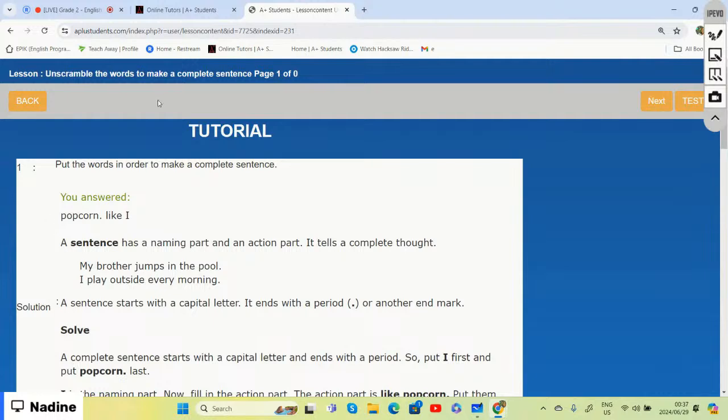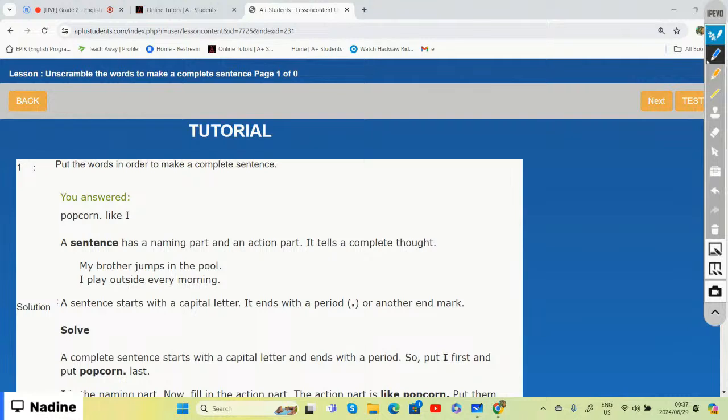Now, we need to put the words in order to make a complete sentence. We say popcorn like I. We need to write that sentence correctly, starting with the subject, the verb, and then the object to show a complete sentence.